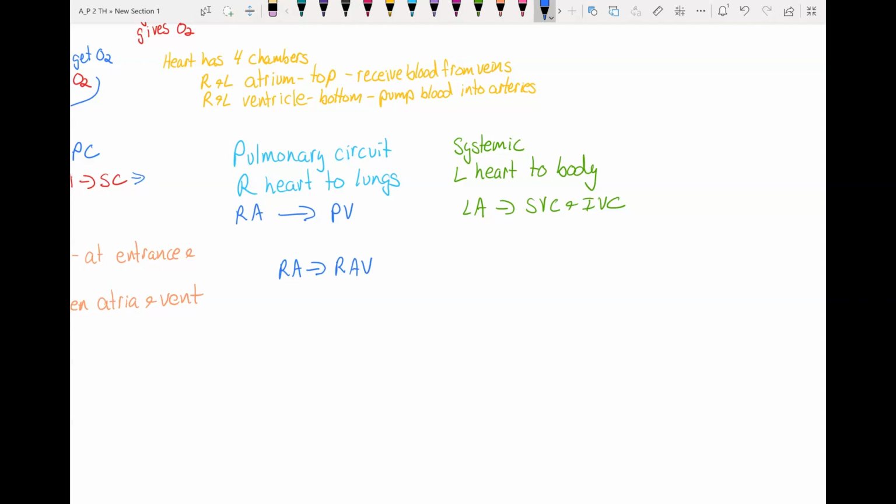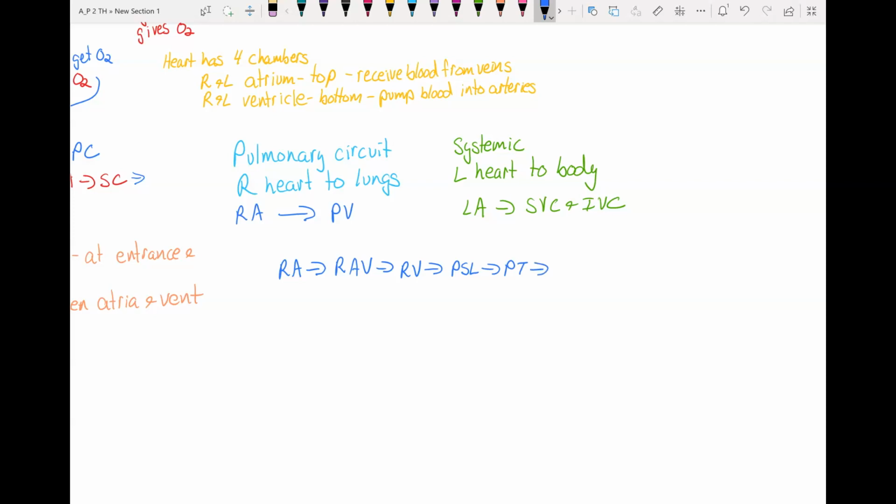The right AV valve has 3 parts to it, so it's also called the tricuspid. Then it would be in the right ventricle. Then the right ventricle has to pump the blood through the pulmonary semilunar valve into the pulmonary trunk.